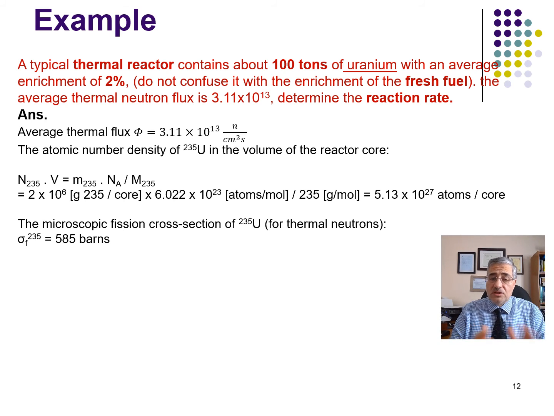You have to differentiate between enrichment and fissile content. In fresh fuel it is 0.7%, and here it is 2%. You have thermal neutrons, and you need to determine the reaction rate. Just use this information to calculate it. I will expose the results at the end, after a few minutes.